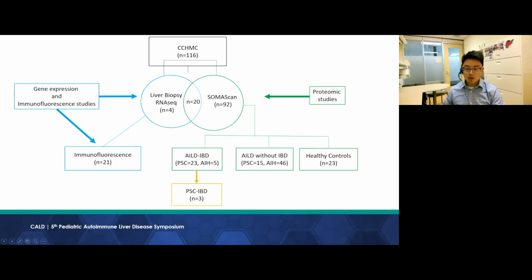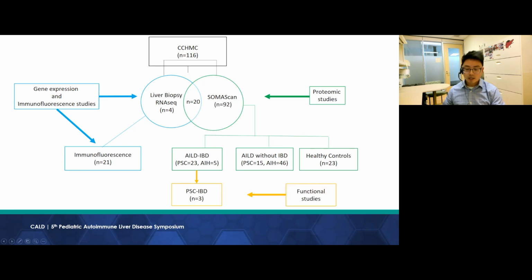For aim 2, we had a total of 102 plasma samples available for our proteomic studies, of which 20 patients overlapped with our gene expression and immunofluorescence studies. We had 28 samples from patients with autoimmune liver disease and concomitant inflammatory bowel disease, or ALD-IBD, 61 from patients with autoimmune liver disease without IBD, and we had 23 healthy controls.